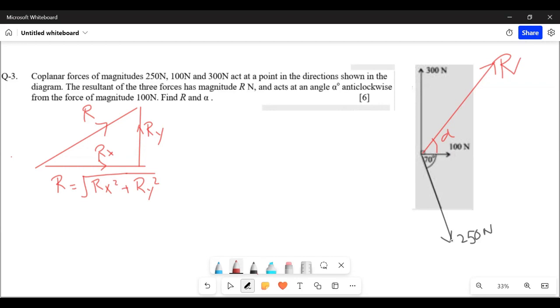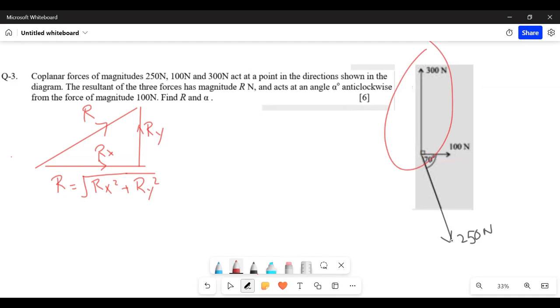We will have to resolve these forces into their components. 100 newton is a horizontal force. It doesn't need to be resolved into horizontal and vertical components. It is already a horizontal component. This one does not need to be resolved because it is already a vertical component. This force, however, will be resolved into its two components, this one and this one.